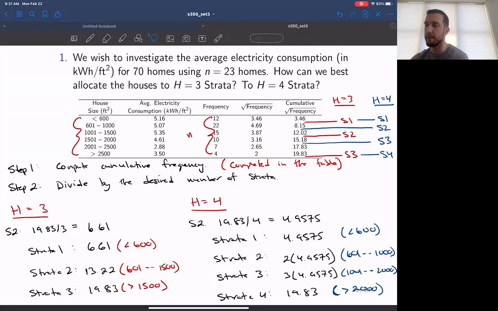So in this example, we have 2 different illustrations of how we would split that cumulative square root frequency in order to find the split points for the strata when we have either 3 or 4 strata. And then if we were interested in using 5 strata or 6 strata, probably wouldn't be interested in going much higher than 4, but if we were, it would be the same approach, except we would divide by 5, and then we would split according to the cumulative sums from 19.83 over 5 up to 19.83.